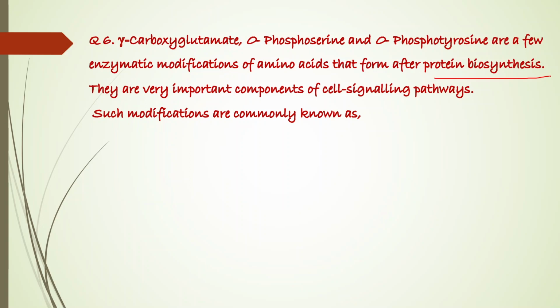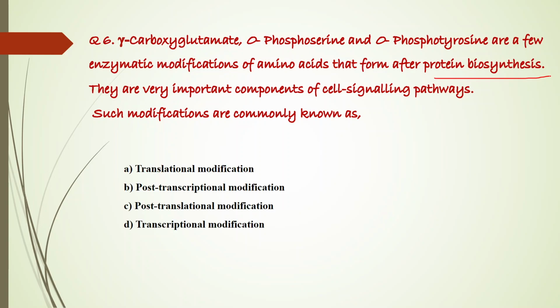These are very important components of cell signaling pathways. What is the name of this kind of modification? The main point is that the modifications occur after the biosynthesis of the protein has been done. So what do you call this kind of modification?